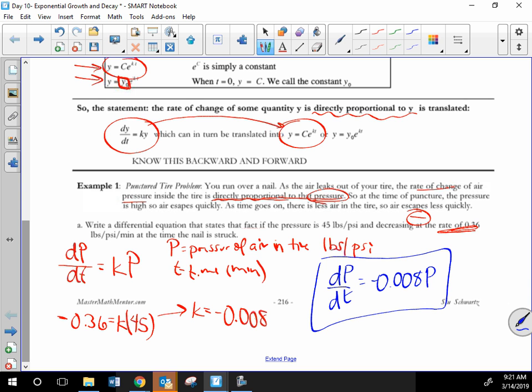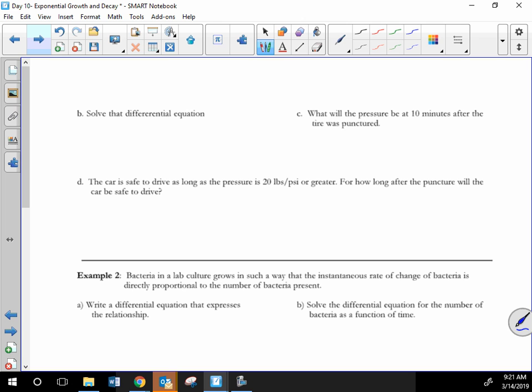All right. Now let's do more with it. Let's solve it. So we had dP/dt equals negative 0.008 P. Okay, so this is what our differential equation was.